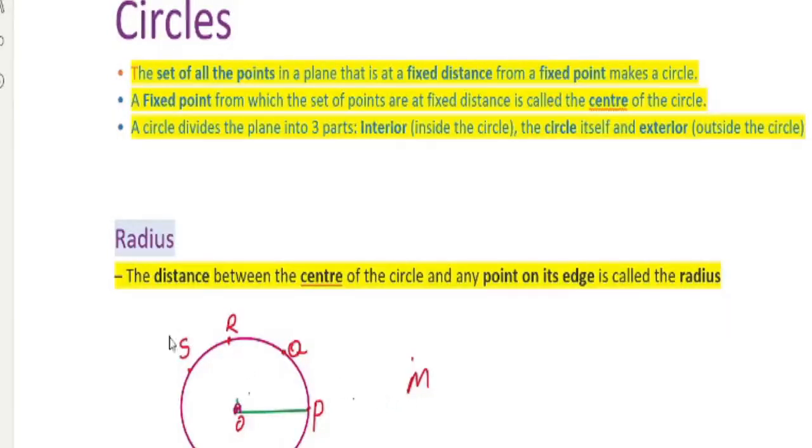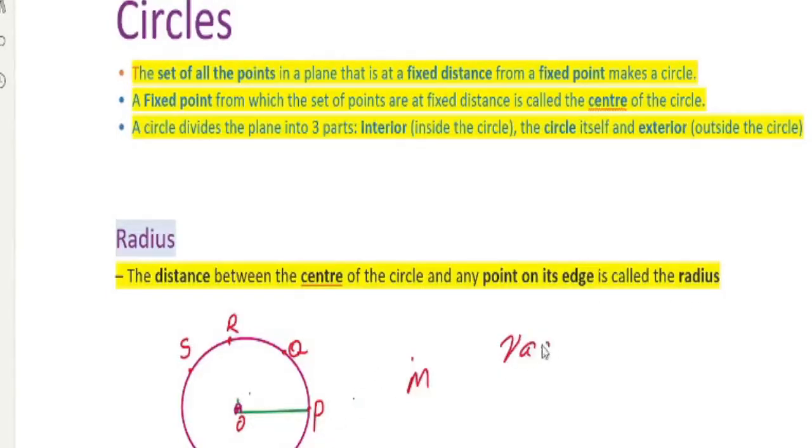Now we have another term here, radius. The radius of a circle means the distance between the center of a circle and any point on its edge. So here OP is a radius. In this figure you can write OP is a radius, or OQ.